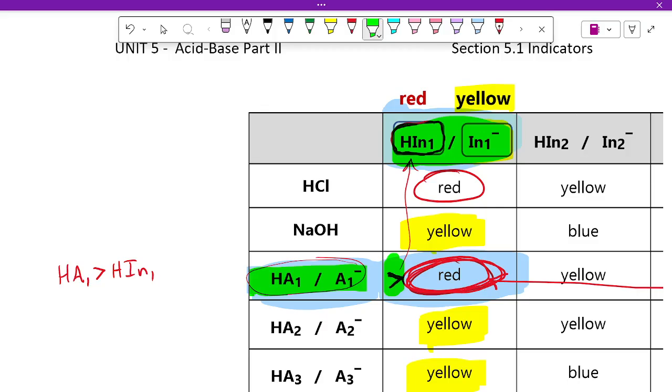So if I wanted to write the same thing for HA2, is HA2 stronger than HIn1 or weaker than HIn1? Weaker. How do you know it's weaker? Because it's yellow.